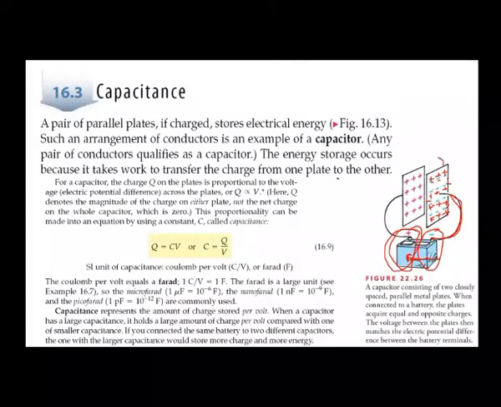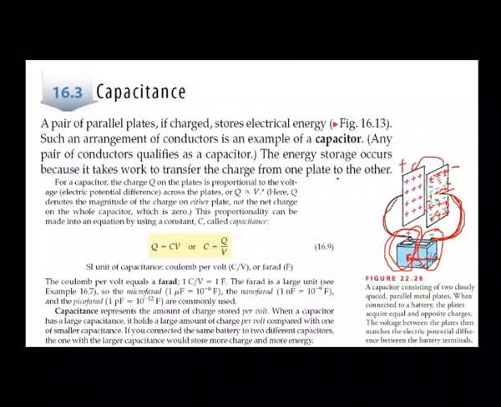And since they cannot jump to the other plate, the negative electrons will stay here, leaving this one a positively charged plate and this one a negatively charged plate. Do you follow? So there is just a movement of charge because of the attractive force, wherein a pathway was provided. So this is now a capacitor.